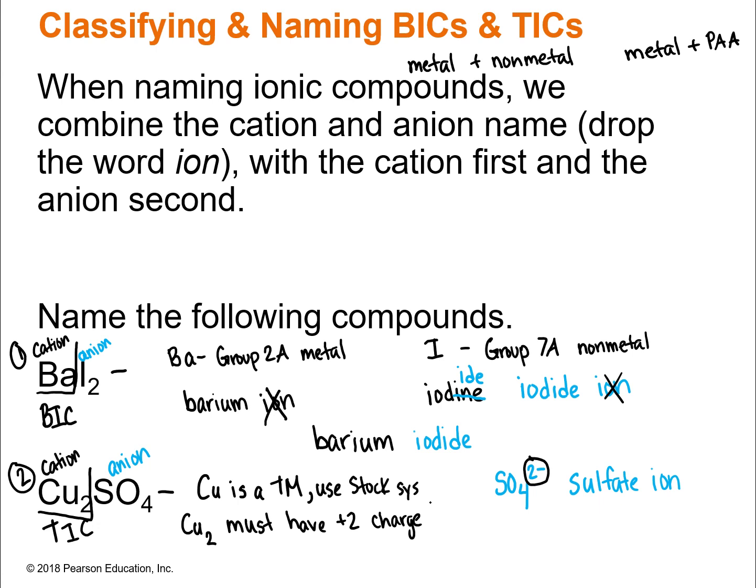So we figured out that our anion is the sulfate ion. Now we're working on the copper. There's 2 copper ions indicated by that 2 there for the subscript. And together, those 2 ions have a charge of +2, which means one of them has a charge of +1.